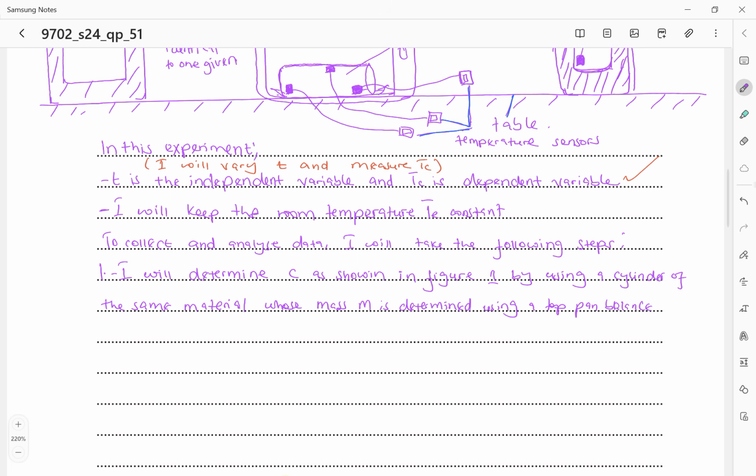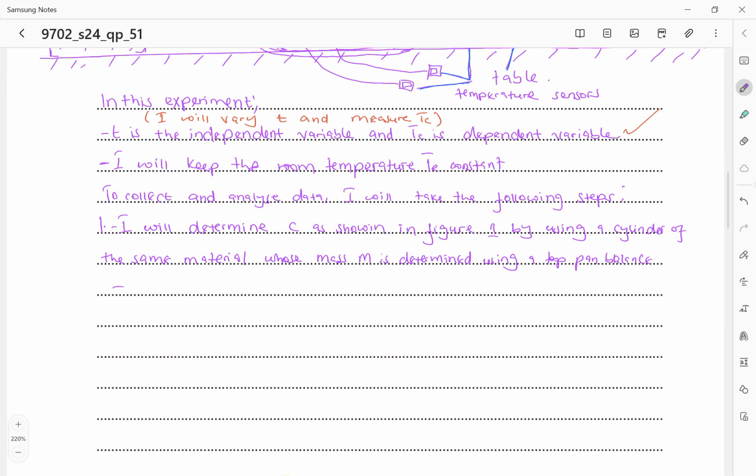So I'm still on determining C, so I'll just use an outline. I will record the initial temperature of the cylinder, turn on the heater, and record the final temperature of the cylinder after time, let me say T, measured by the stopwatch.